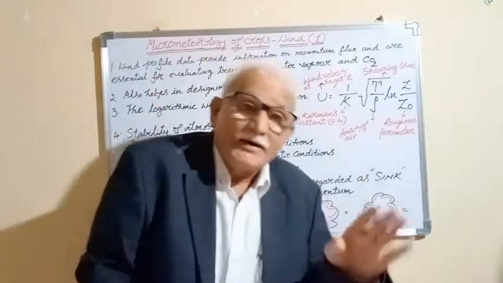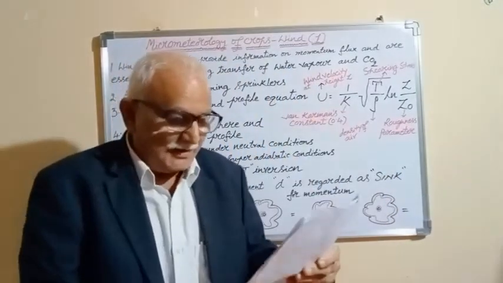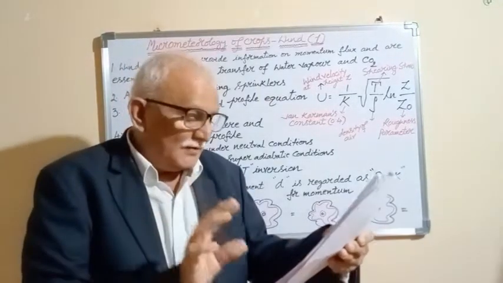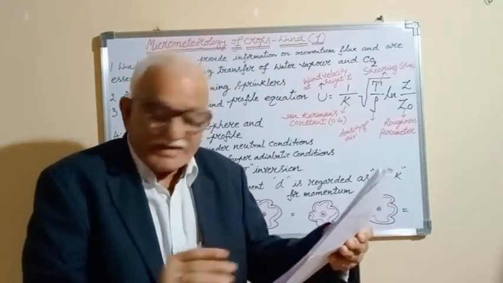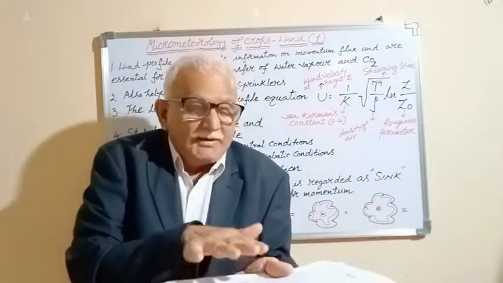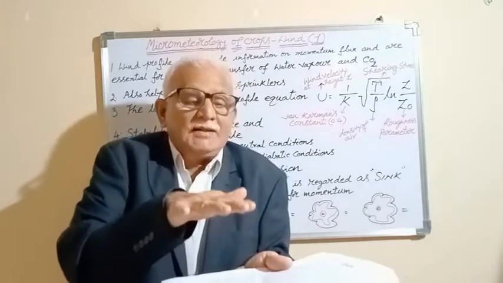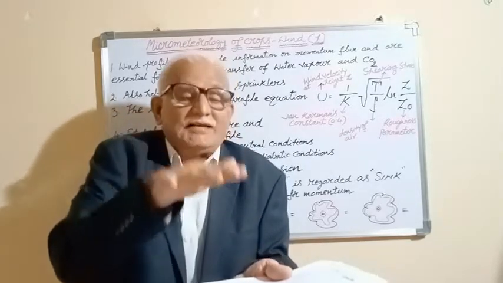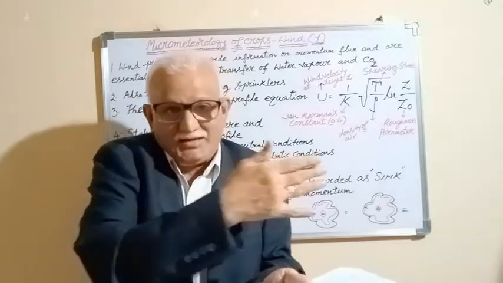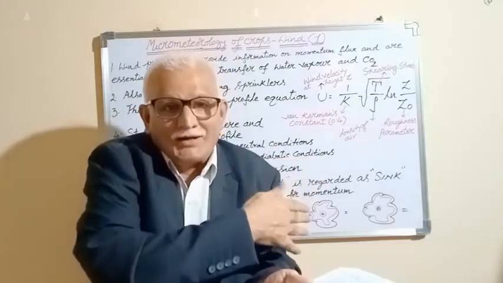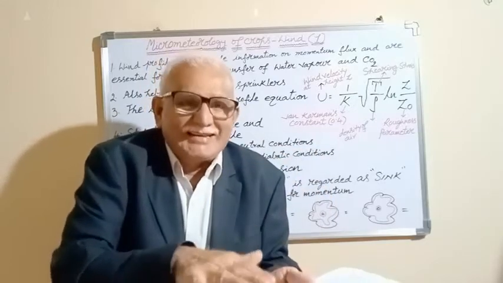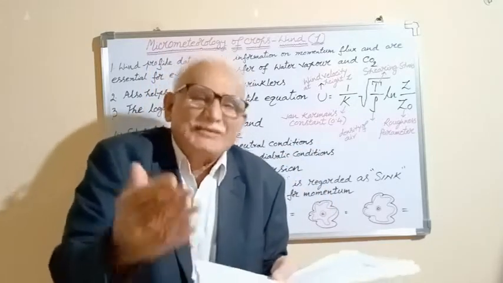According to the logarithmic wind profile equation, the wind speed near the ground increases as the height increases exponentially. This is the implication of the logarithmic wind profile equation. The wind speed increases exponentially with height.